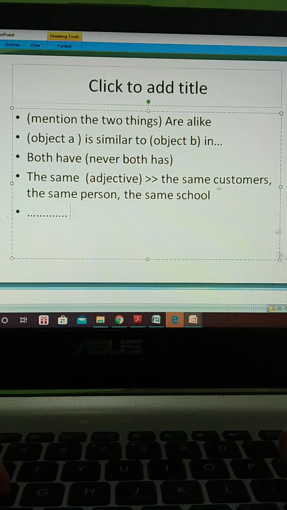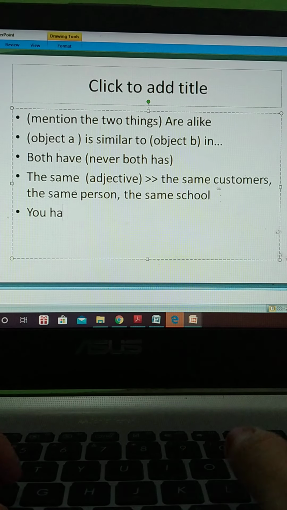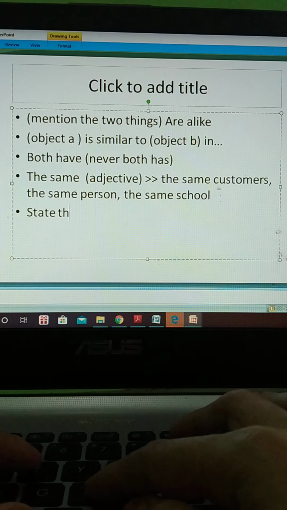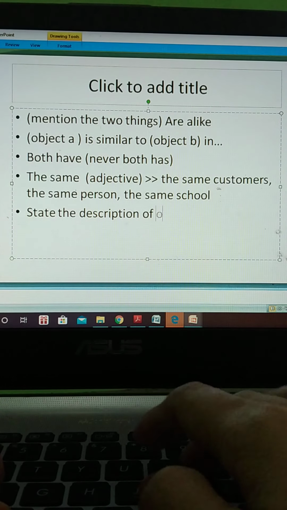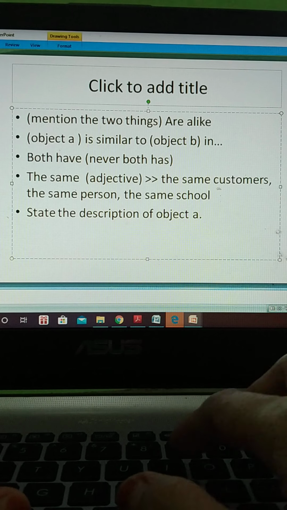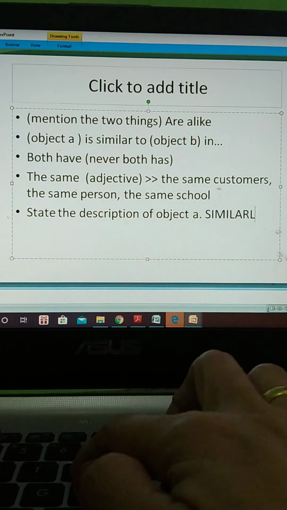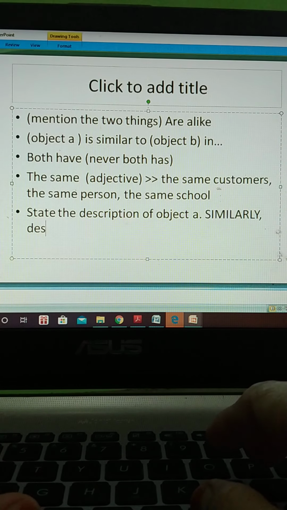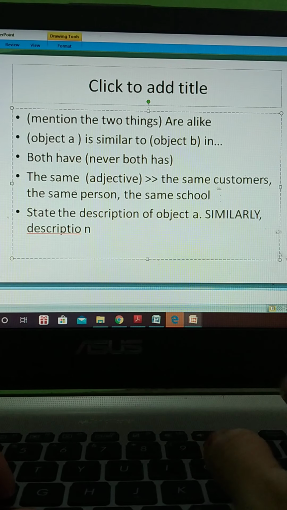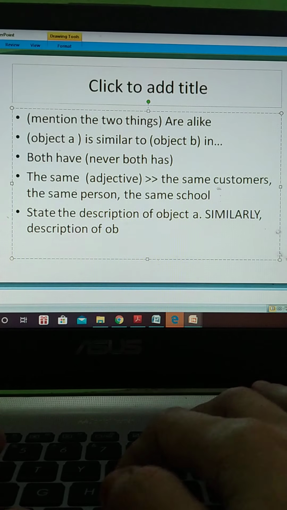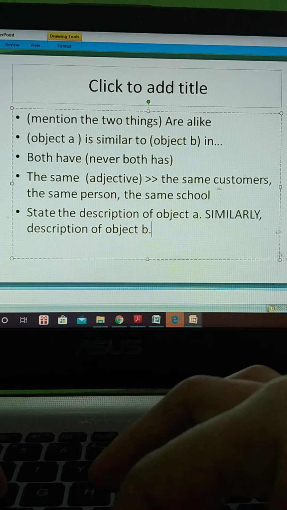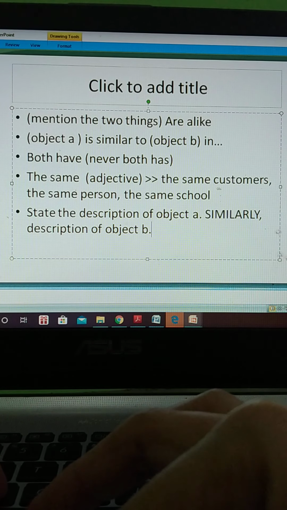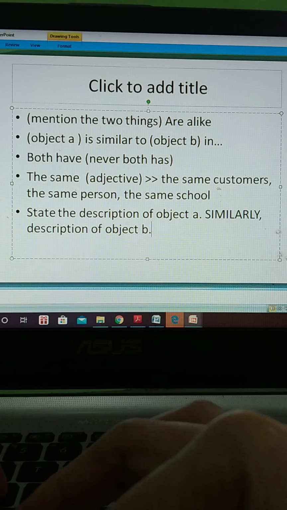Similarly, so you have to state the description of object A and similarly, and then description of object B. It's like that. Okay, so later on you have to practice writing your own sentence for comparing.